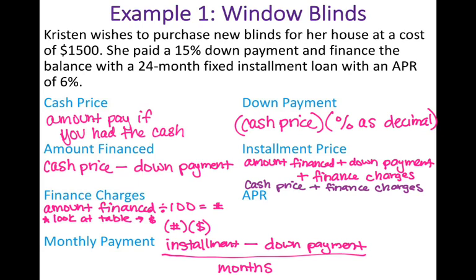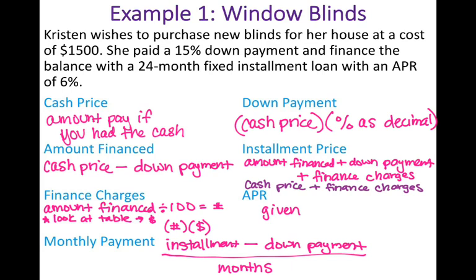And then the APR for this particular problem was actually given to us. But for one of the other problems, we'll have to talk about how to find the APR if it's not given to us. Okay, so there's some little tidbits on how to find each of the individual pieces as opposed to just looking at the numbers.